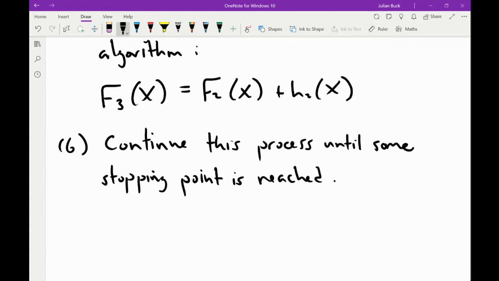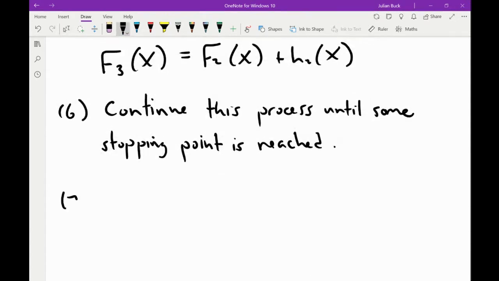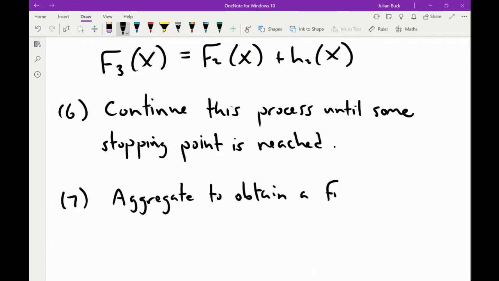At some point you stop boosting these trees, and then at the end you aggregate it all together, so a final ensemble model.